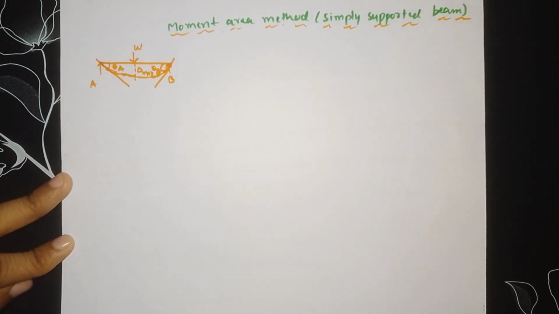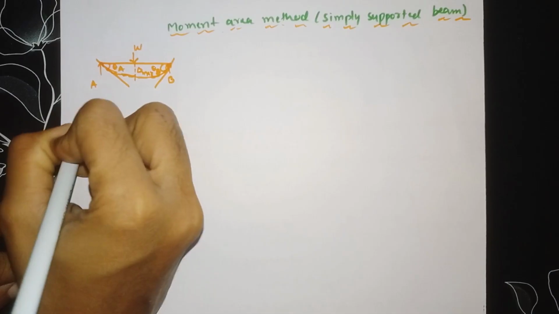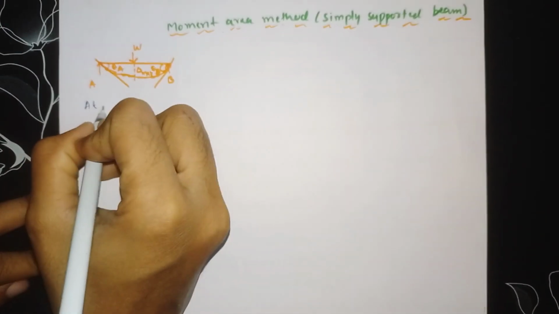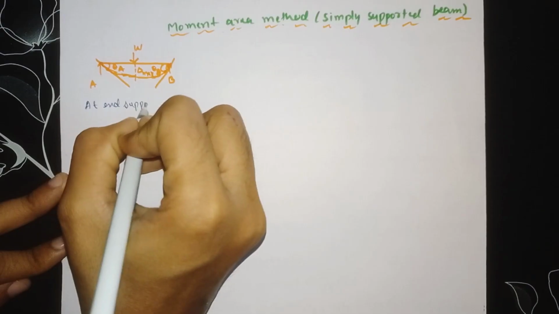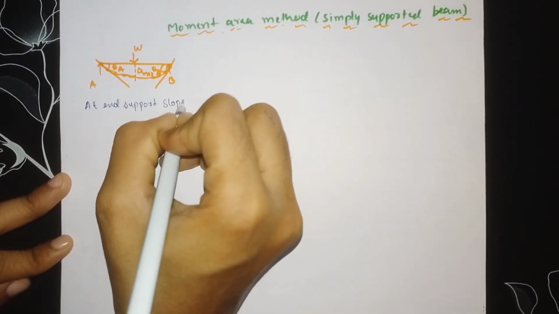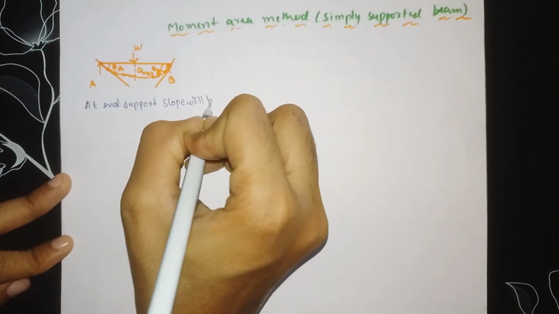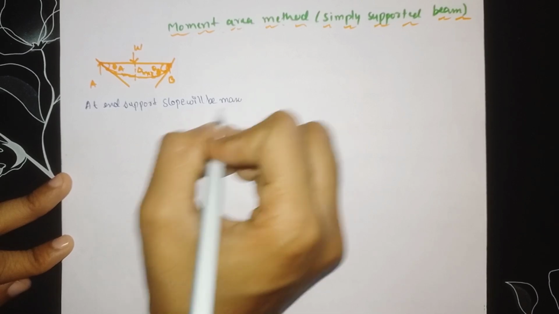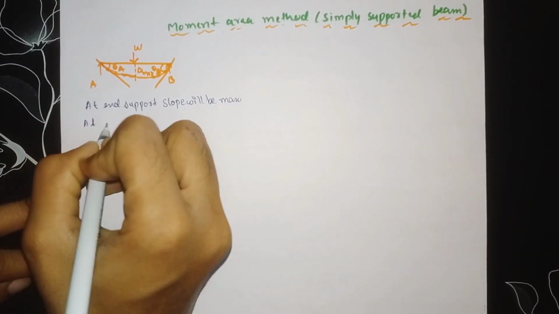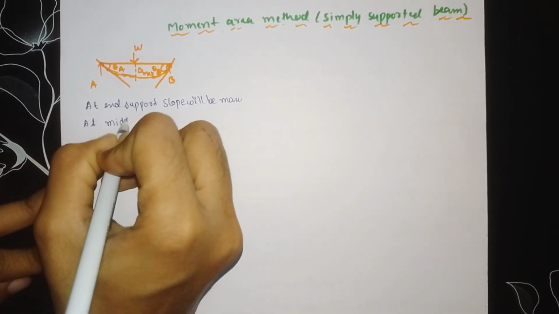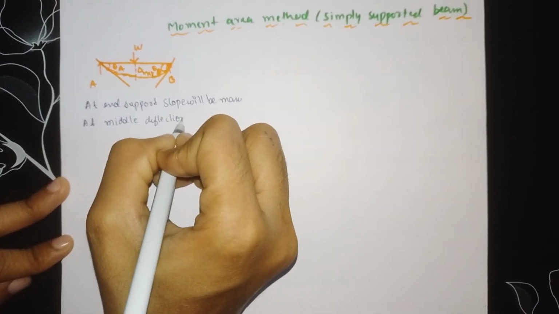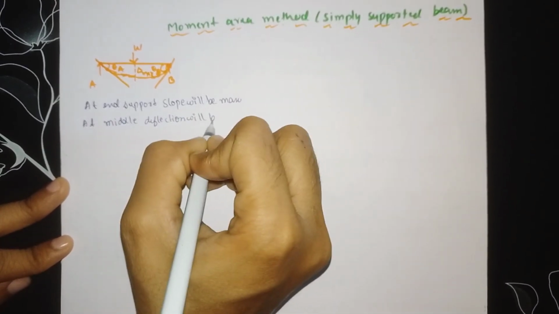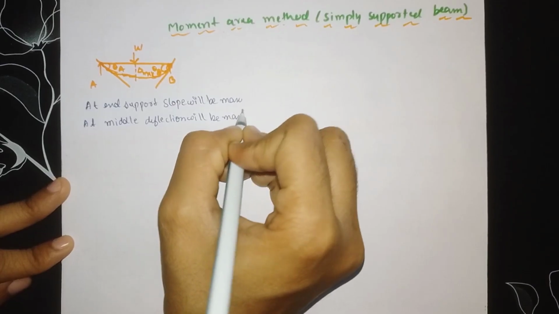So in the case of a simply supported beam, I will write it here. At the end supports, the slope will be maximum, and at the middle or center the deflection will be maximum.